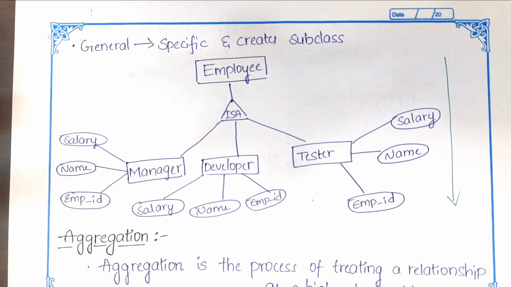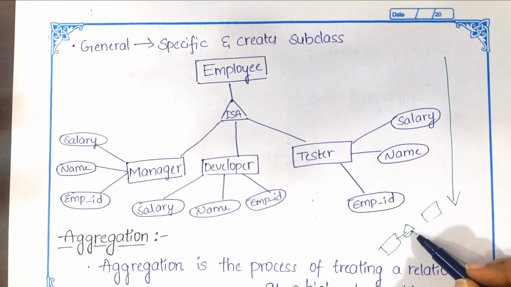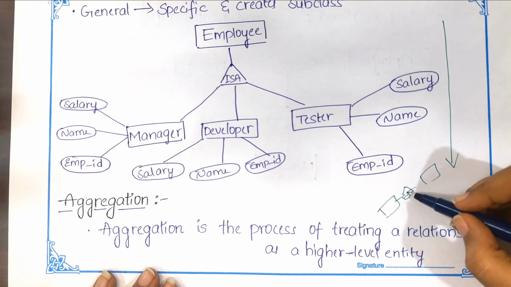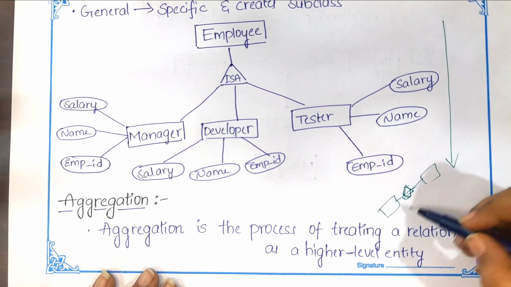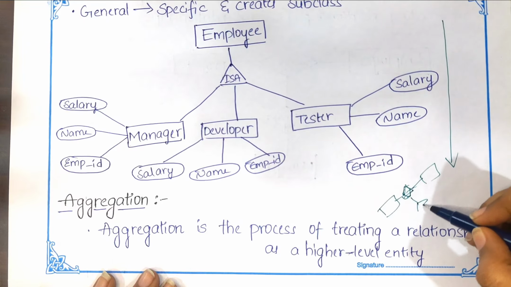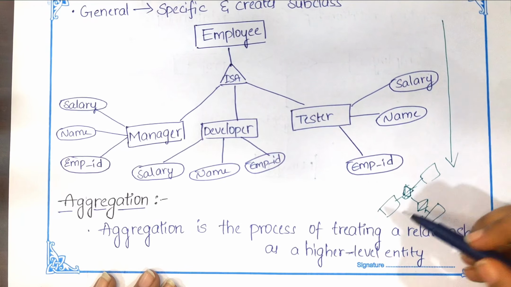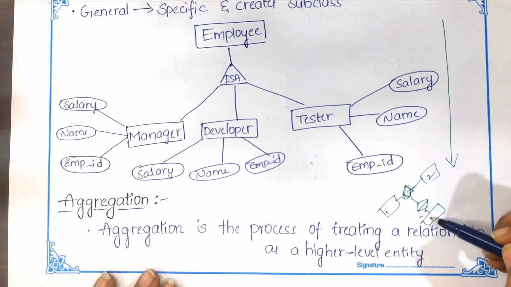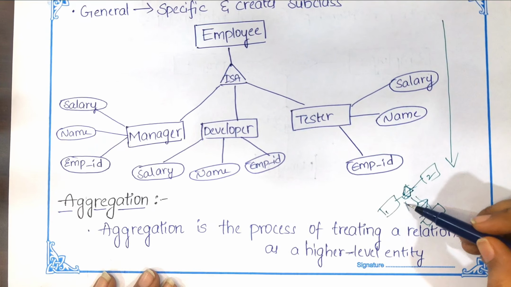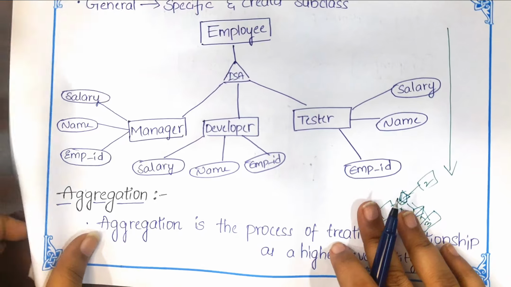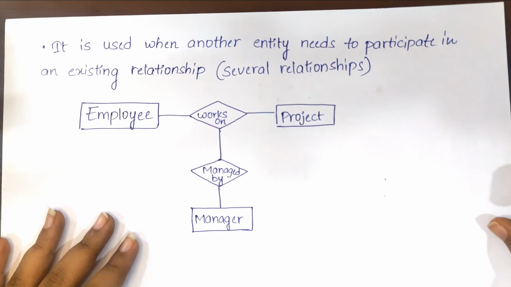Two entities are connected using a specific relationship, but when it needs to be connected using another relationship, aggregation is used. Here entity 1, entity 2 and another entity need to be connected to that specific relationship. So this is actually used. Let me show it using an example.